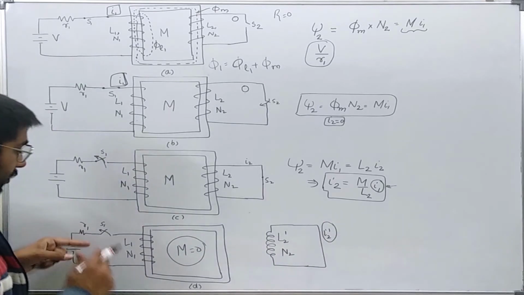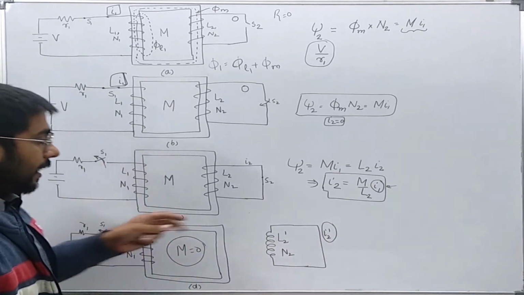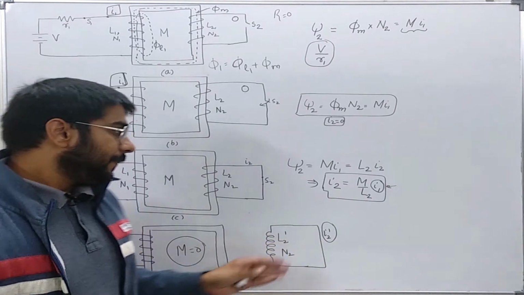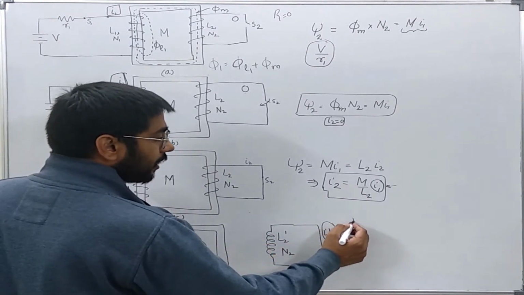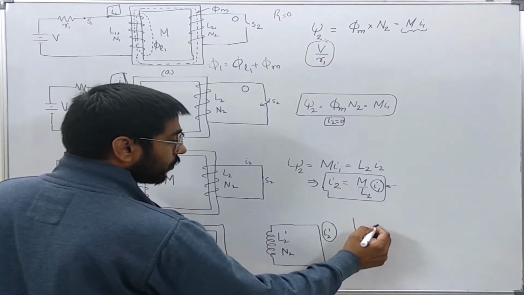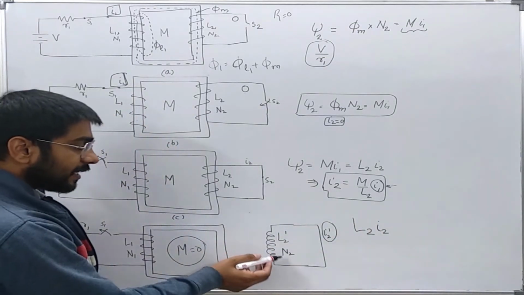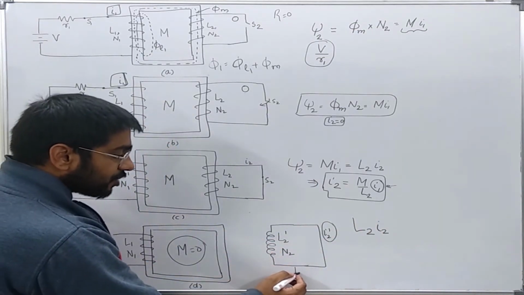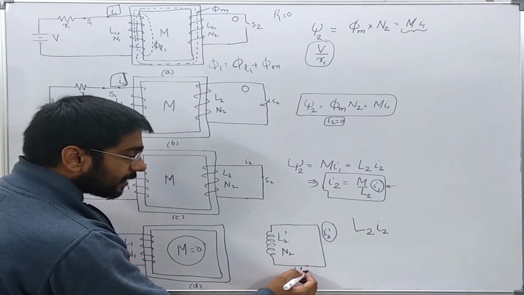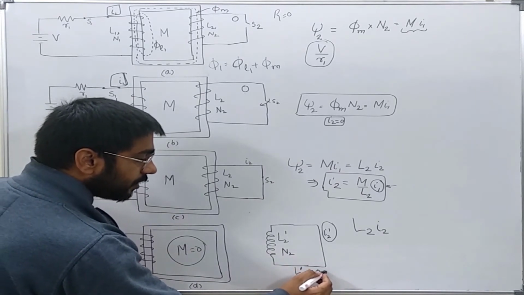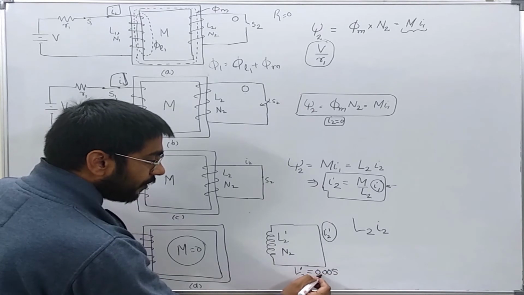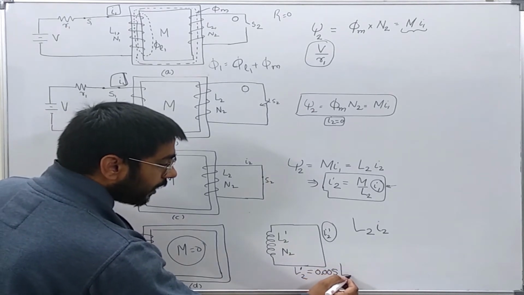Okay, now this is already open. You see, as this is already a closed circuit, and earlier the flux linkages were L2 I2. Okay, now since it is in air, L2 will change to L2 prime, and it is given, let us say, that L2 dash is 0.05 times L2.